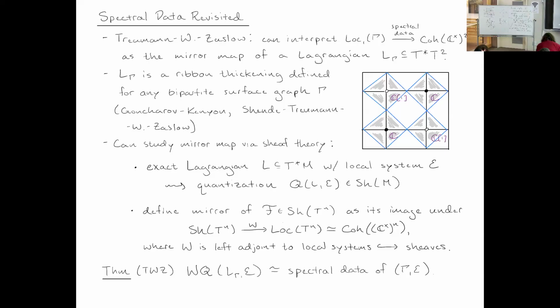I call it M, if L is in T*M. And we call that the sheaf quantization of the pair L and E, where E is the local system. This is a variation on other ideas of Nadler and Zaslow and Kashiwara and Schapira. But anyway, this is one basic building block.